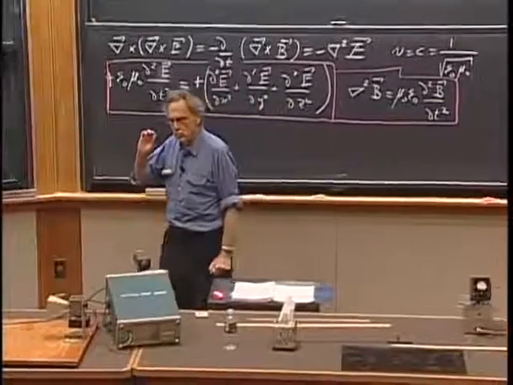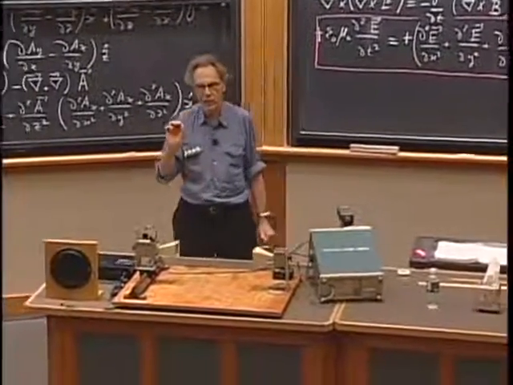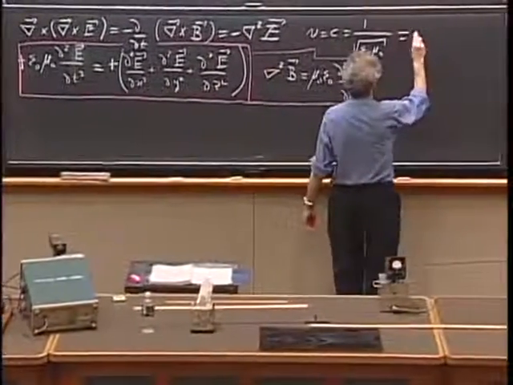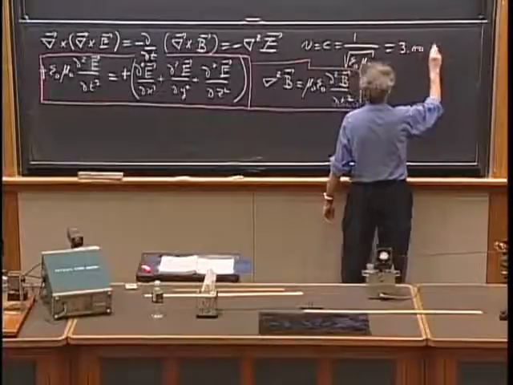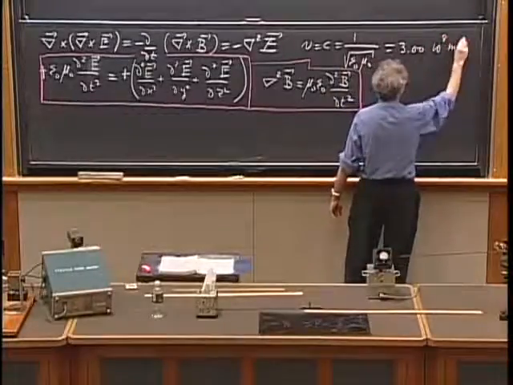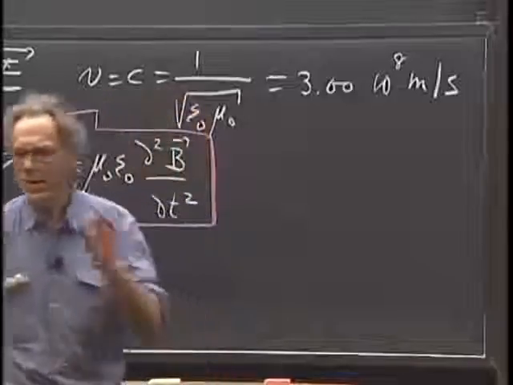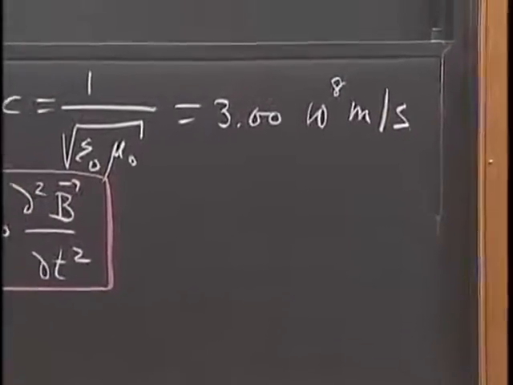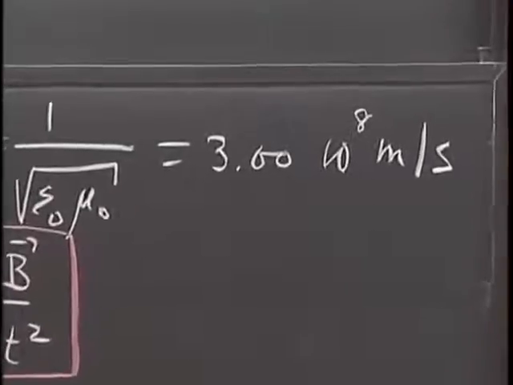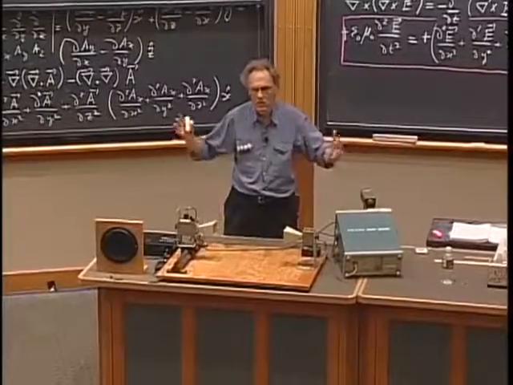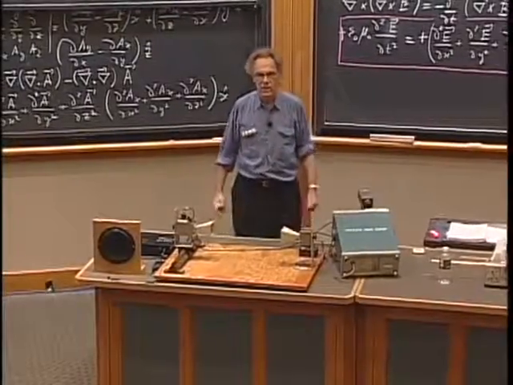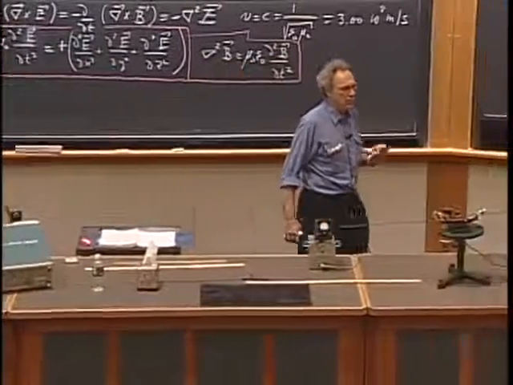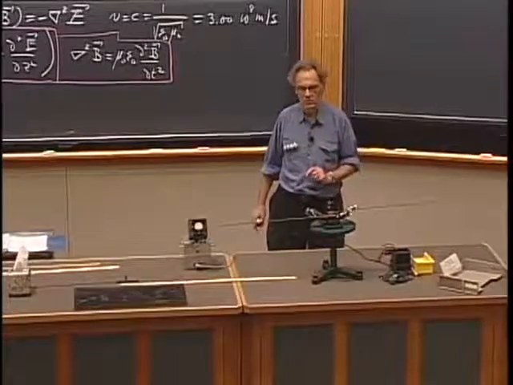And if you use the values for epsilon 0 and mu 0, you will find that this is extremely close to 3.00 times 10 to the 8 meters per second. And the amazing thing is that epsilon 0 can be measured without any time variability. Epsilon 0 follows from Coulomb's law, as static as you can have it. And mu 0 can be measured without any time variability. Mu 0 follows from Ampere's law.